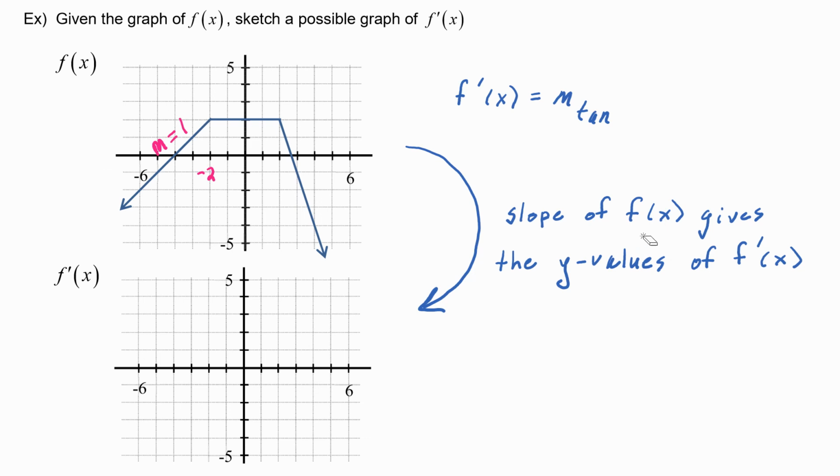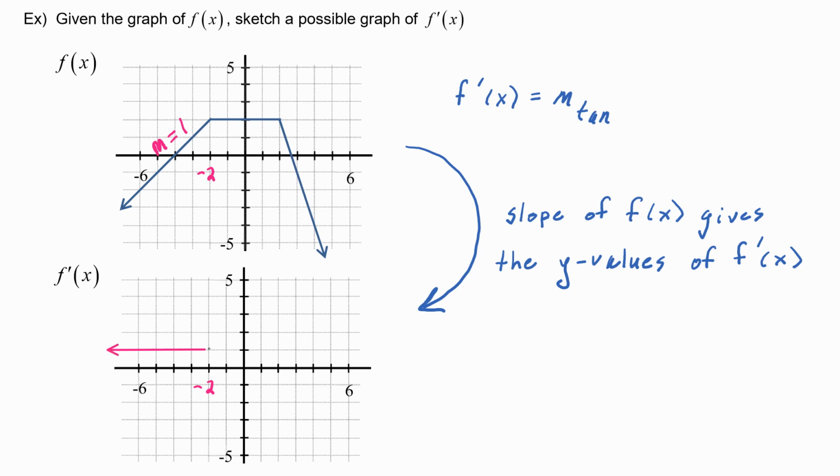That slope of f gives us the y value of f prime. So that means when we come down here to the graph of f prime, from negative infinity all the way until negative 2, we know the y value will have to be 1.